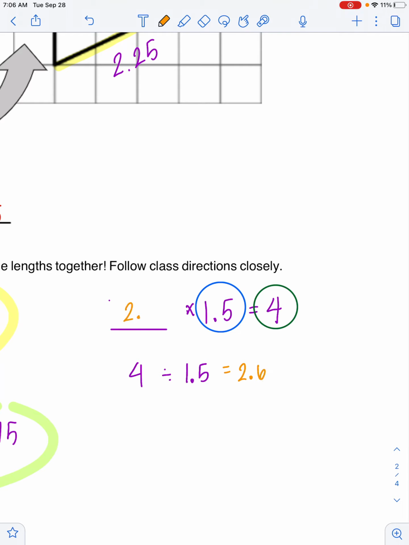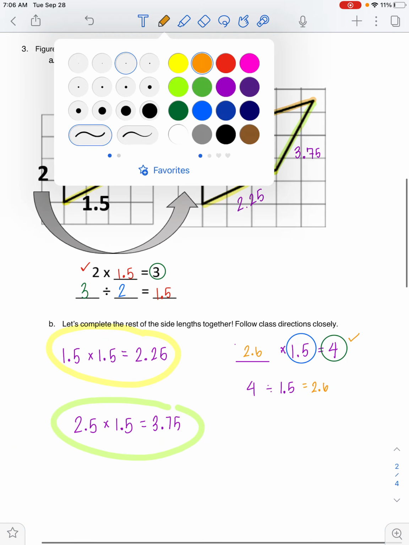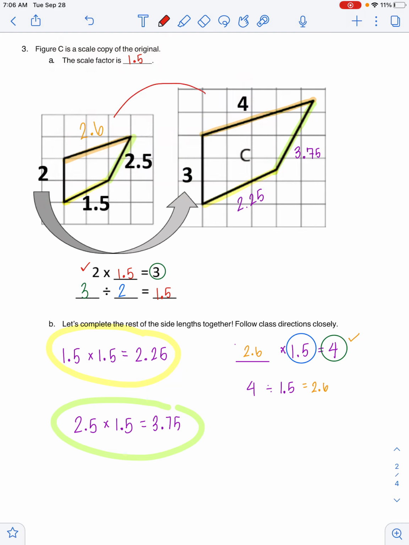And you can always check your work by typing into a calculator 2.6 times 1.5 and making sure that it equals 4. So my missing side length is 2.6, and the reason why is because 2.6 times 1.5 equals 4. Feel free to pause this video to fill in any work. You can also rewind it to hear my explanations again.